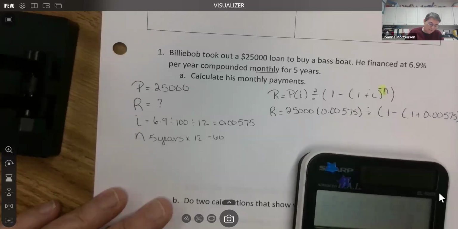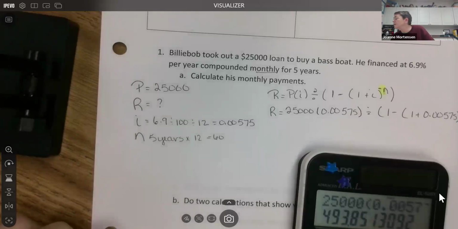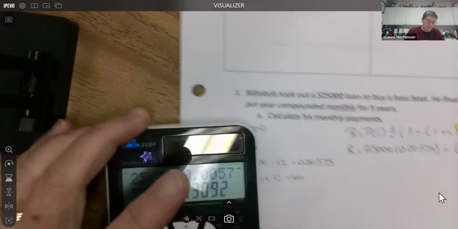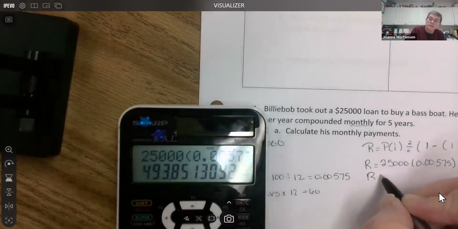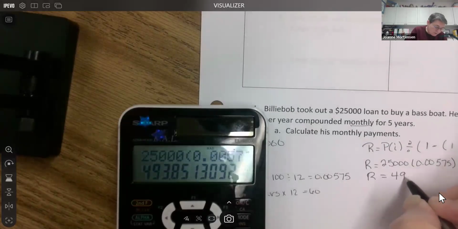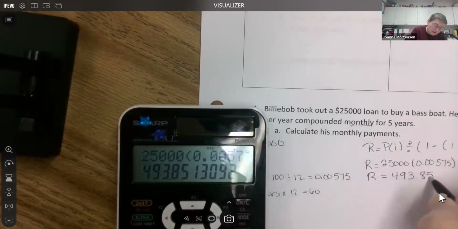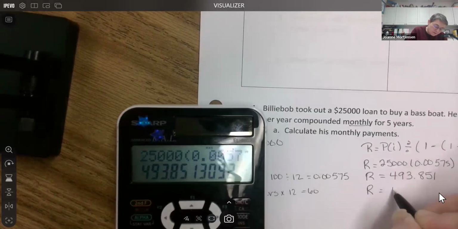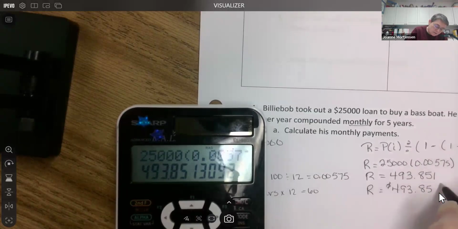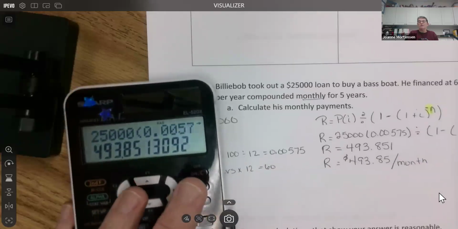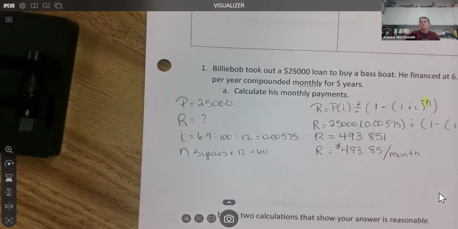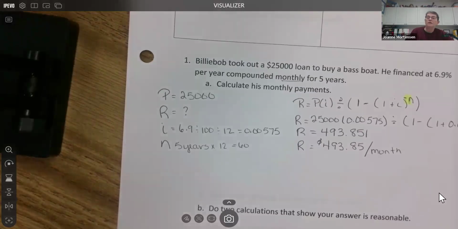Close my bracket. Boom. $493 a month. Yes. So R is equal to 493.851. R is equal to $493 per month. Okay, you don't need that per month, but I just want to get it in context. So he's going to be paying close to $500 a month to get his bass boat financed.